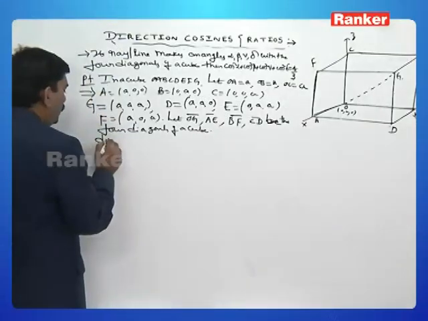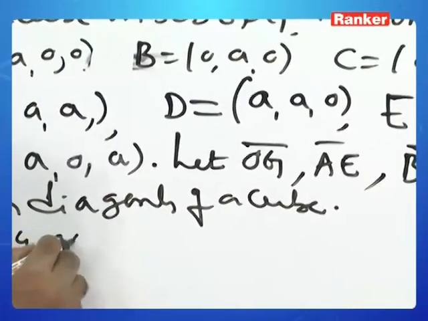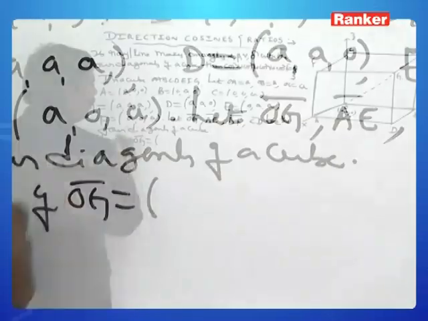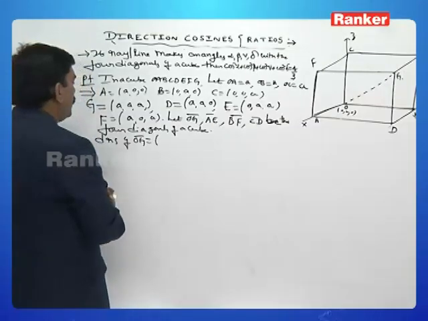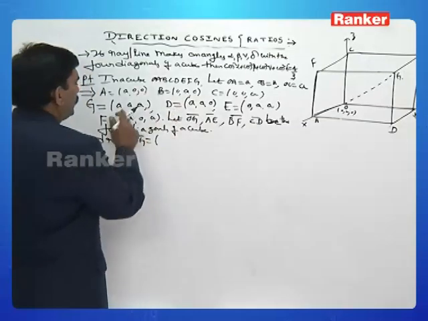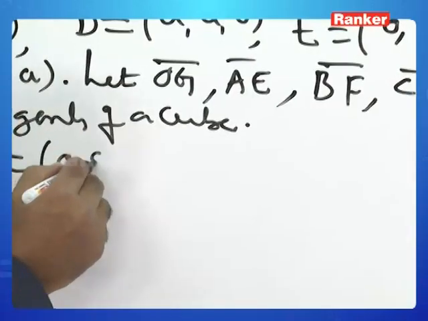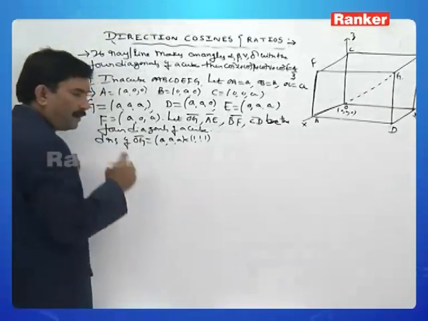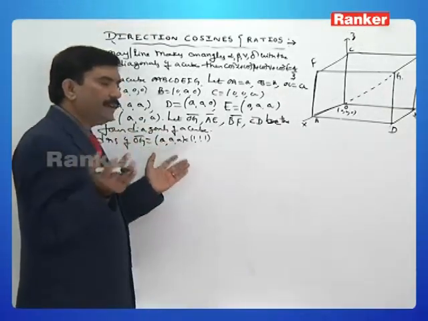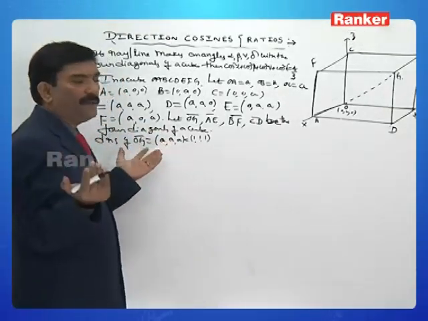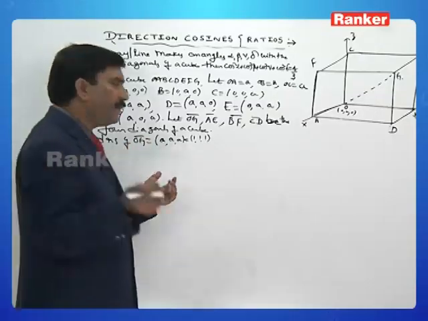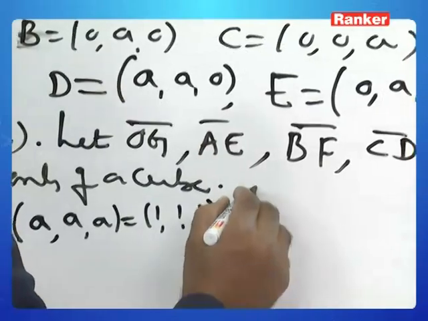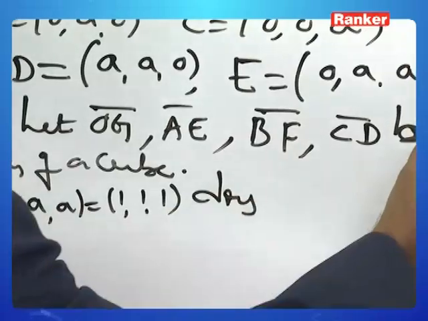Therefore, DRs of OG bar. Now O is (0, 0, 0). This becomes a minus 0, a minus 0, a minus 0. Therefore, 1, 1, 1. When a, b, c are the DRs, ka, kb, kc, a by k, b by k, c by k are also DRs of a line.